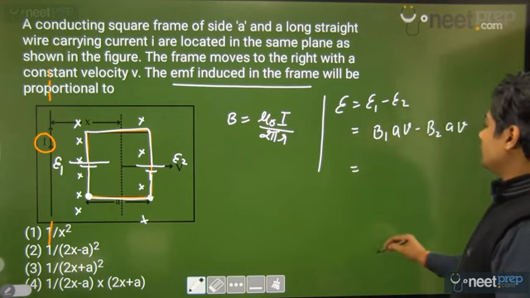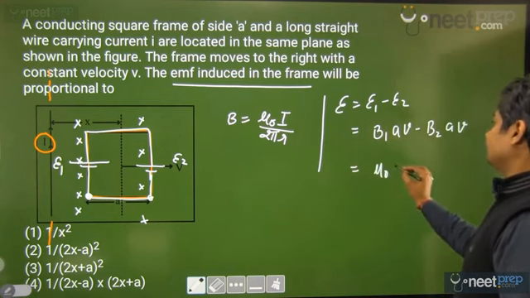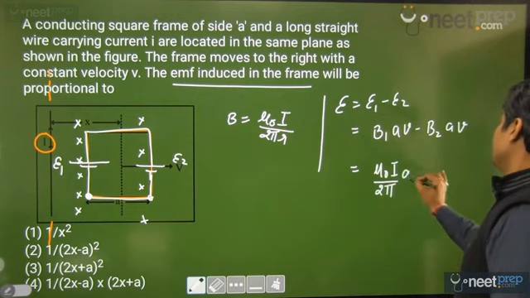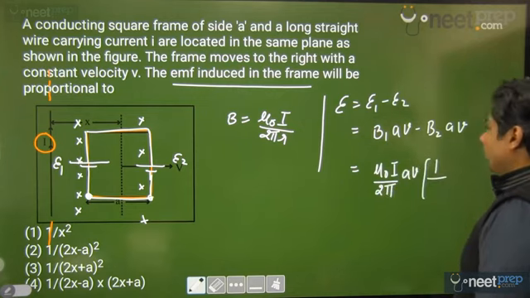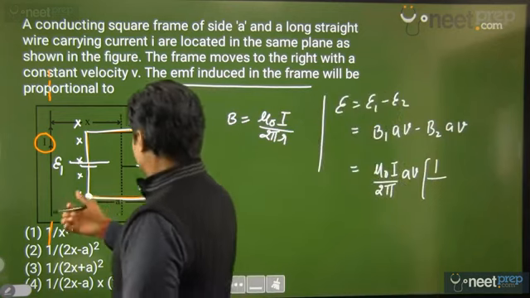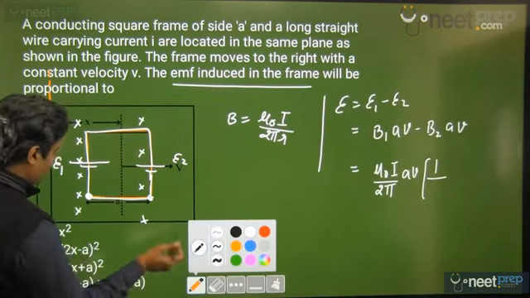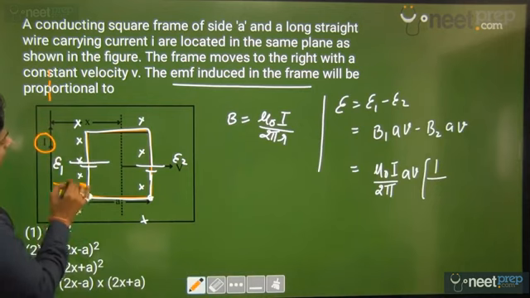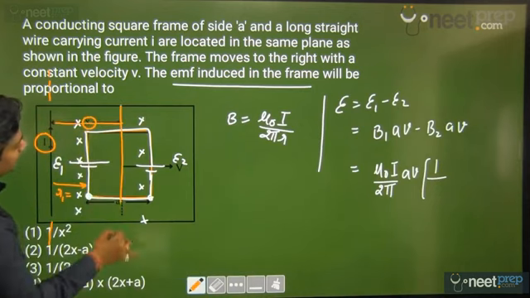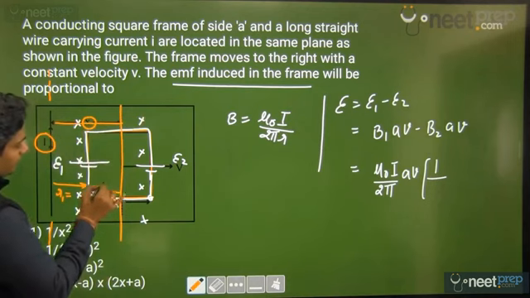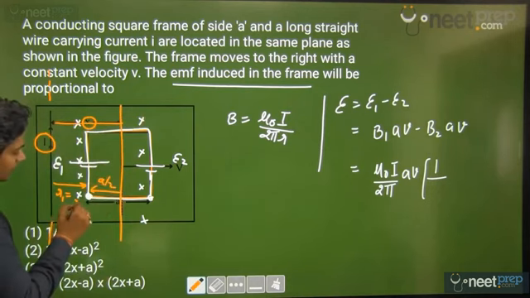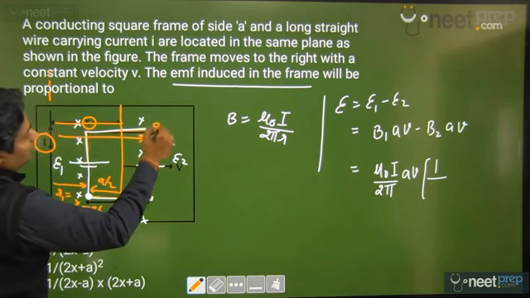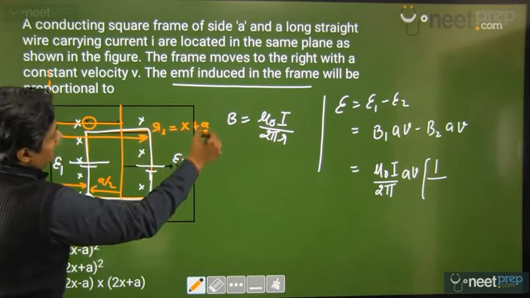So when you put the value of magnetic field, this will become mu naught I upon 2 pi times A times V into 1 upon, what is the distance of the first? If I write the distance of the first one, R1 will be equal to x minus A by 2, where x is the total distance from the center, and similarly R2 will be equal to x plus A by 2.